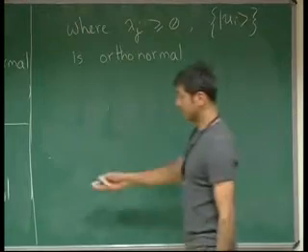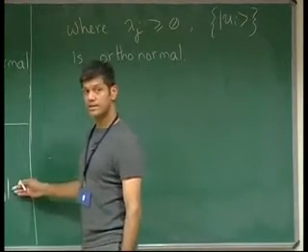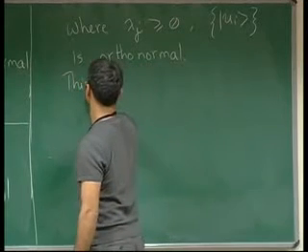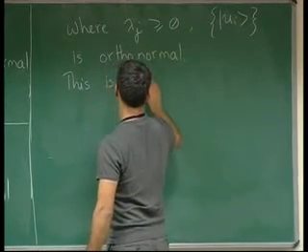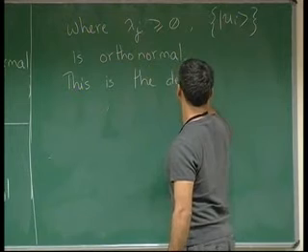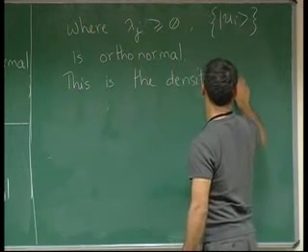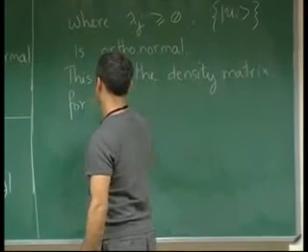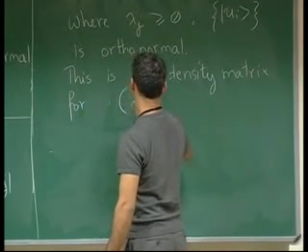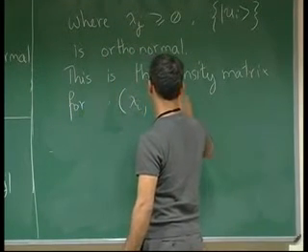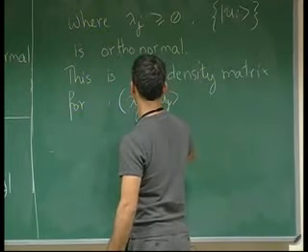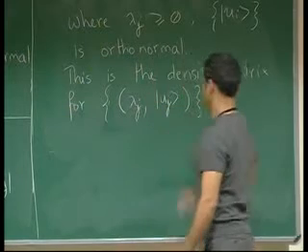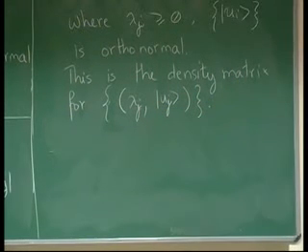So once you write it like this, you see immediately what the underlying mixed state would be. This is the density matrix for the obvious mixture, which is lambda j, Uj. Right?